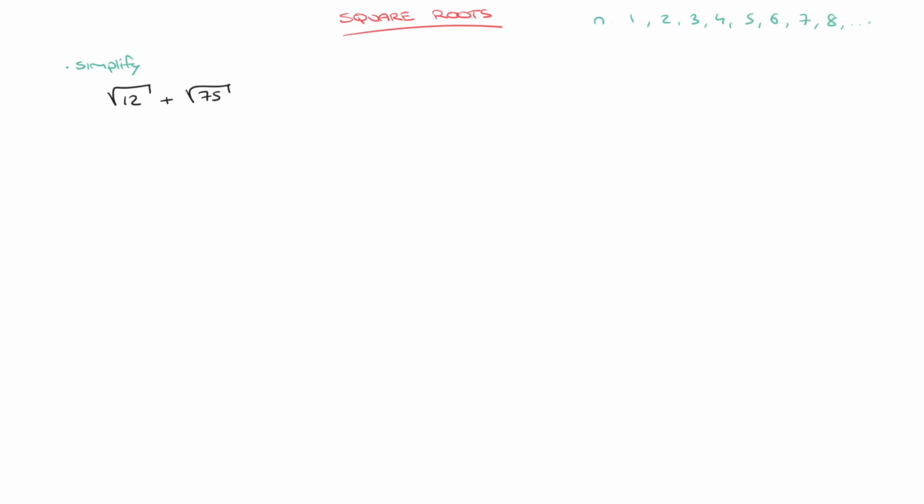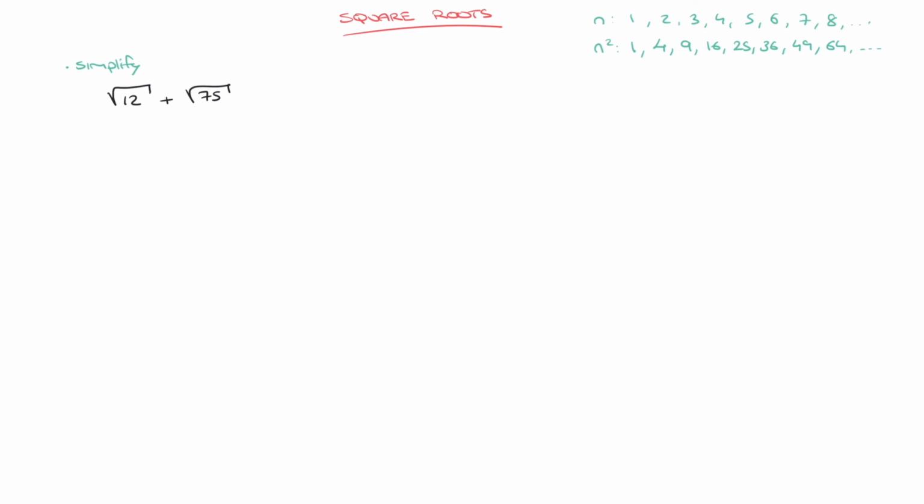So the corresponding squared numbers would be 1 squared, which is 1, 2 squared, which is 4, 3 squared, which is 9, 4 squared, which is 16, 5 squared, which is 25, 6 squared, which is 36, 7 squared, which is 49, 8 squared, which is 64, and so on and so forth. Okay, now with that in mind, the way we're going to simplify each of these square roots is to look for the largest number in this second row here, so the list of square numbers, which is a factor of whatever is under the square root symbol.